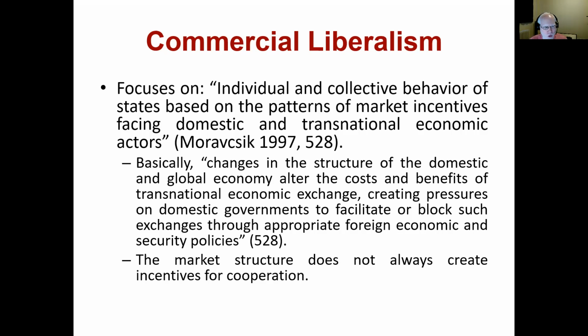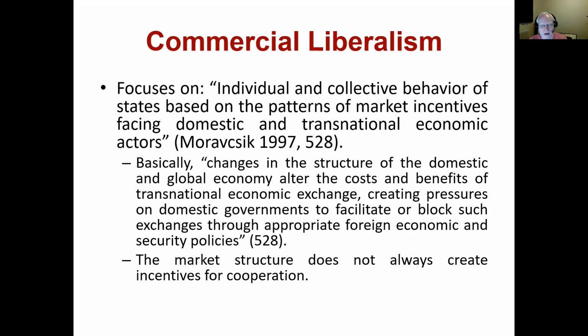But there are changes in the global economy. Say a whole number of new states emerge who have cheaper currencies, a change in the global economy where their currencies fall, and they're agricultural countries too, so they can now export a lot of agricultural products at a lower price.